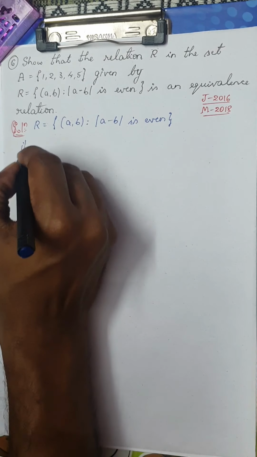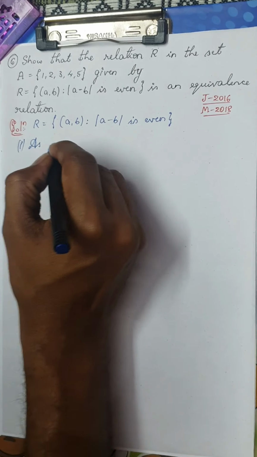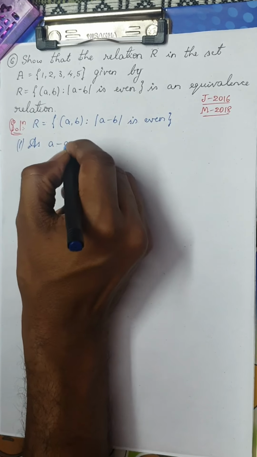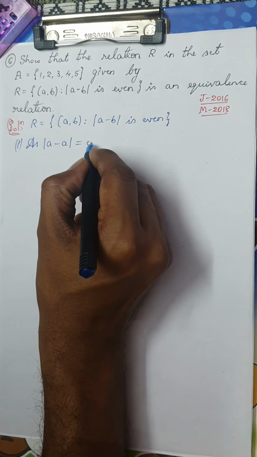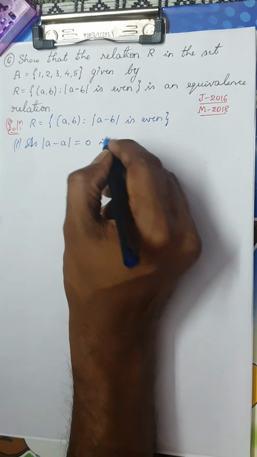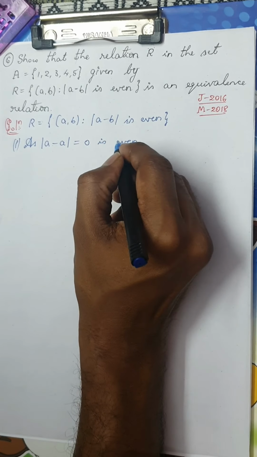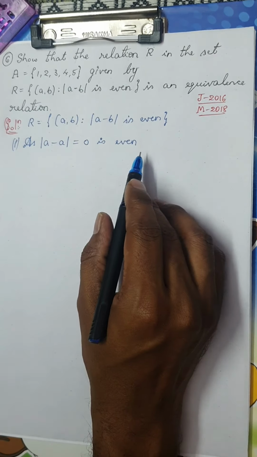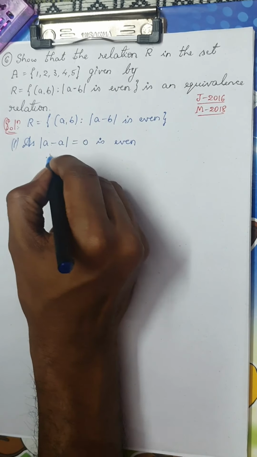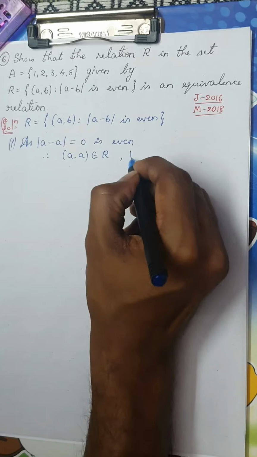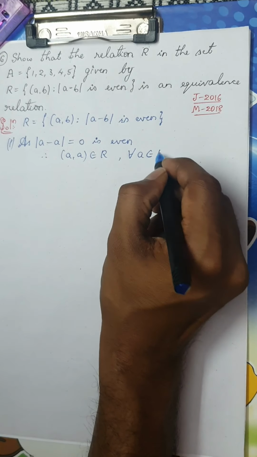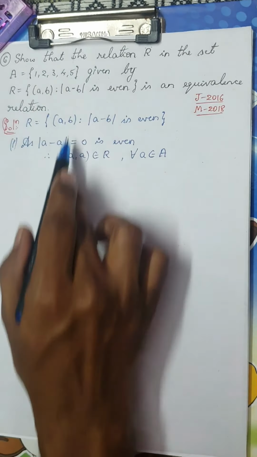So going on to the first one. I will write A minus A. What is modulus of A minus A? Modulus of A minus A is equal to 0, which is even, isn't it? Usually 0 is considered an even number. Therefore, I can write (A, A) belongs to R for every A belongs to A. You need not take a general element.